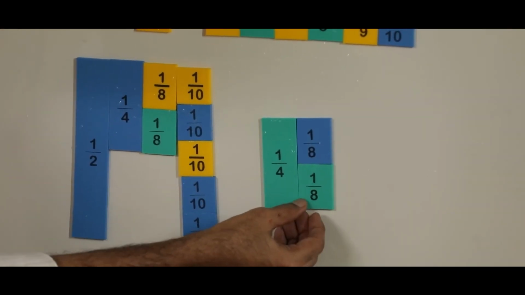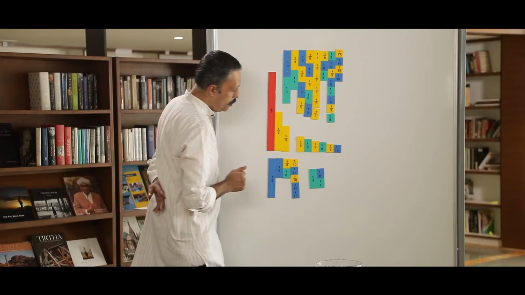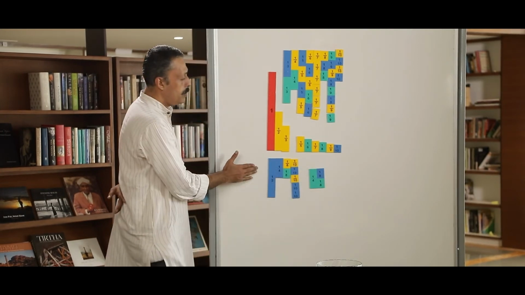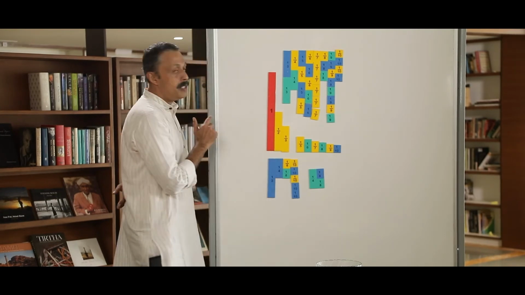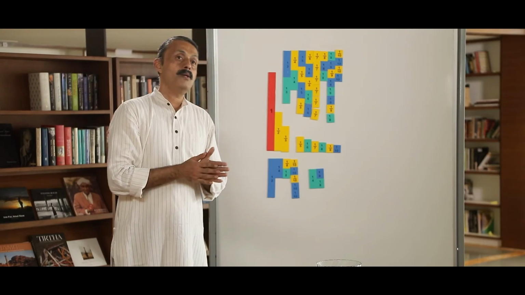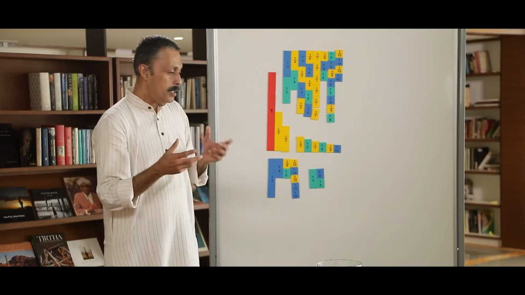We can see here 2 1/8s are equal to 1/4. So, this way we can teach about equal fractions to the children. With this technique, the children can learn about fractions based on shapes as well as fractions based on numbers, and they can learn to compare it. They can learn the art of comparison.